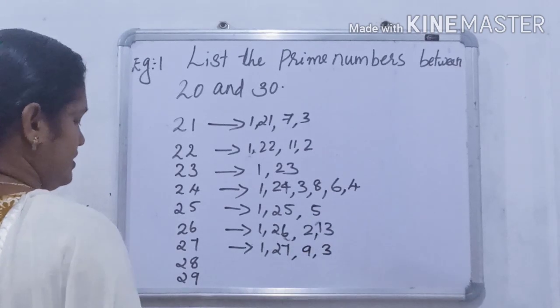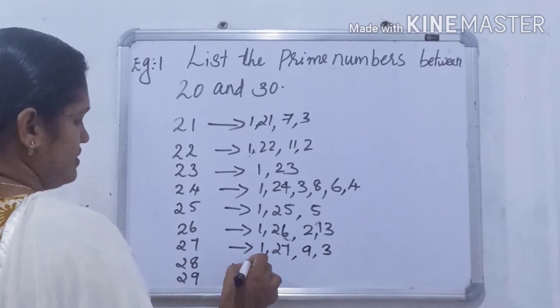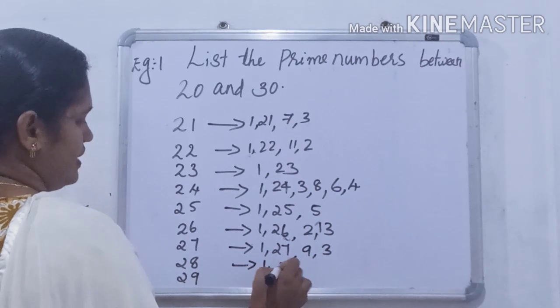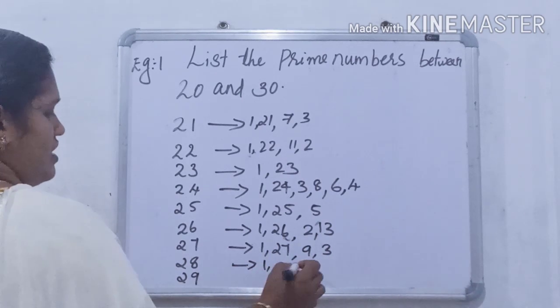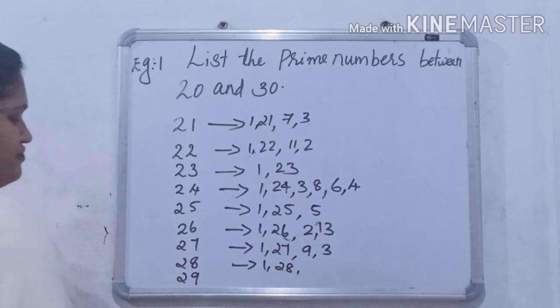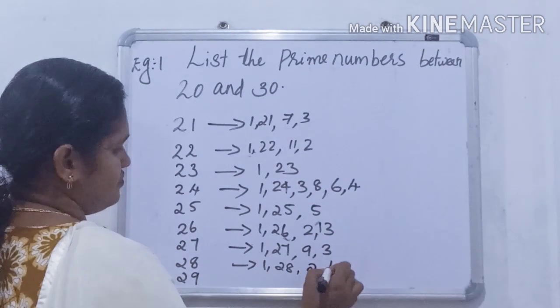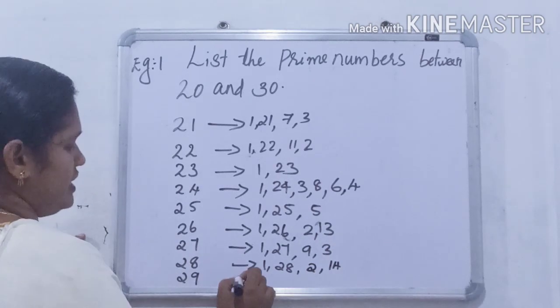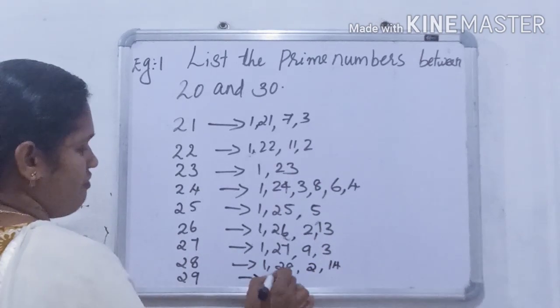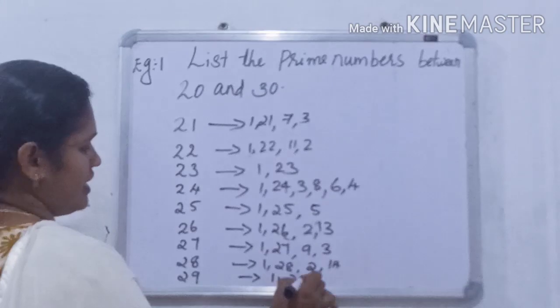Then 28: 1, 28, then 2 into 14. 29: 1 and 29 only.